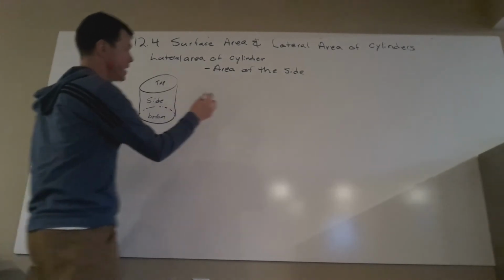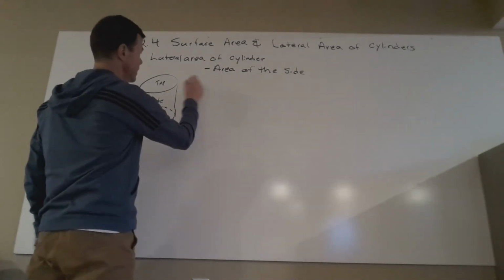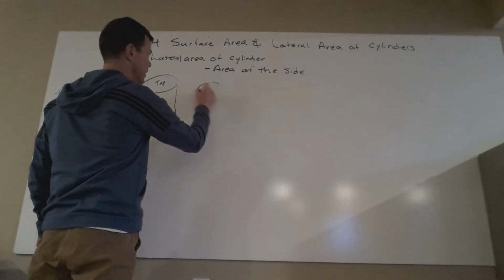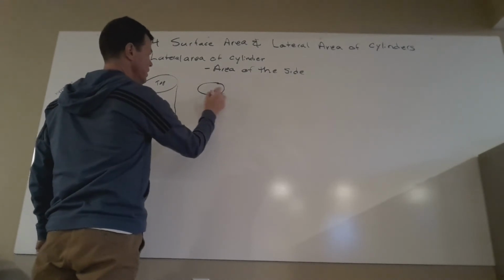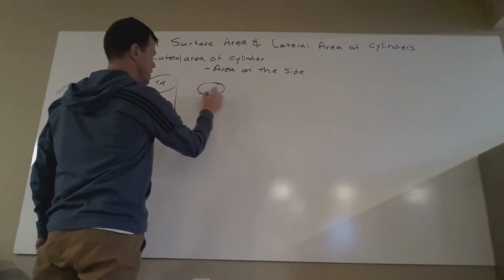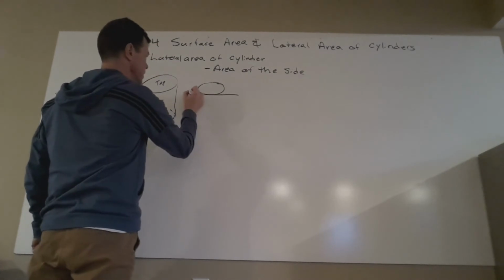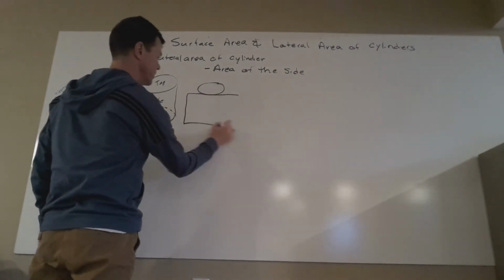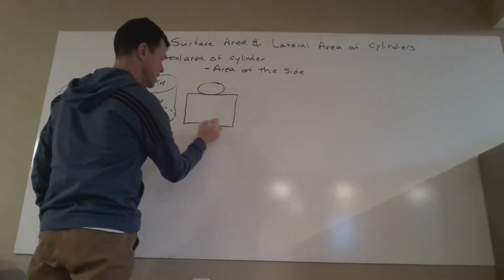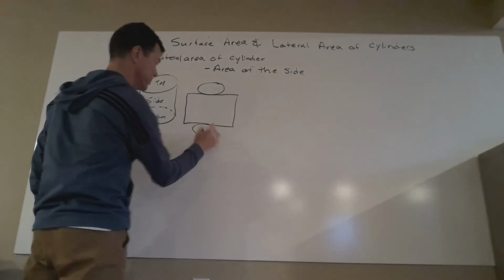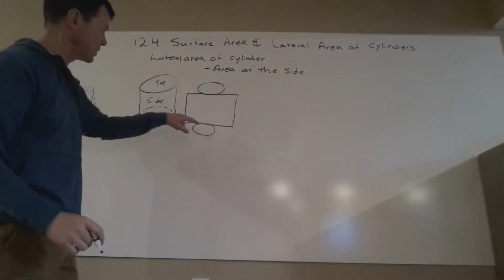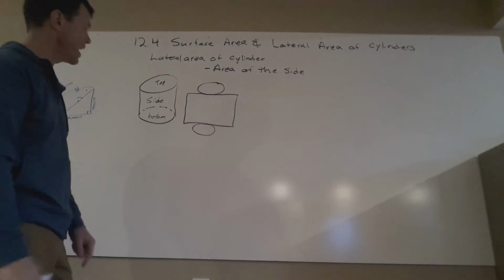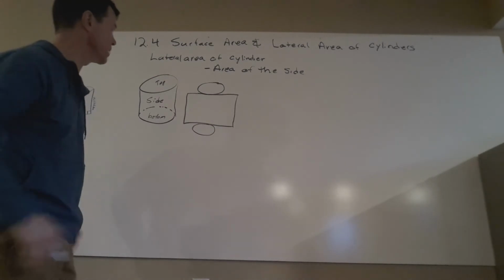So like if we made a net for this can, all right, you would have this top portion. All right, this would be the side if we were to unwrap all of this. And then right here's the bottom. So you got the top, the bottom, and the side. And notice the side is just going to be the shape of a rectangle.